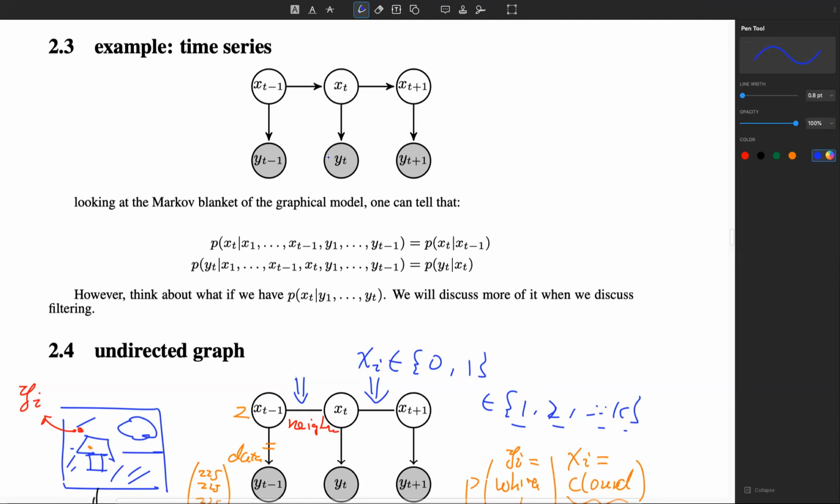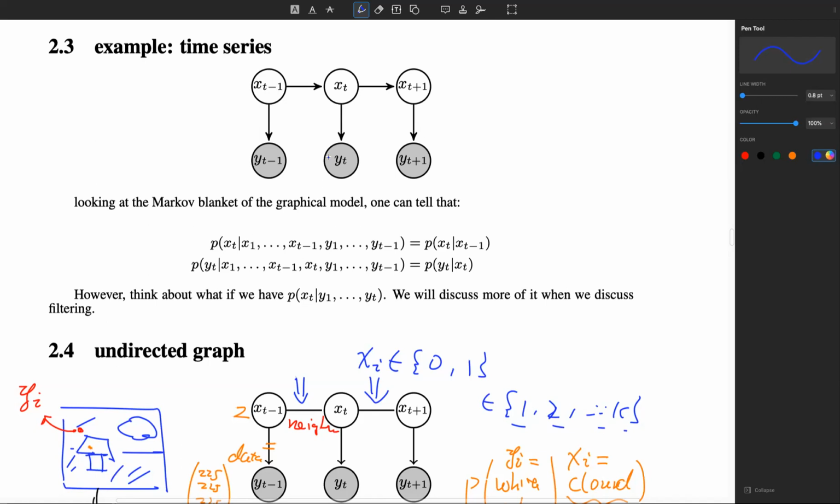But for these filtering problems, we're assuming that at every time step you will have a latent state. Let me give you an example of tracking or filtering.